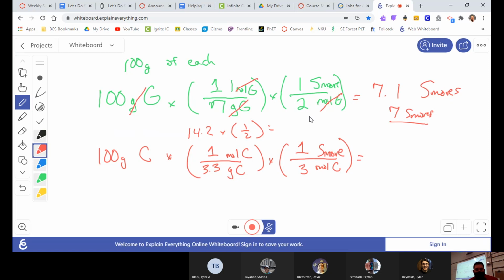And then that divided by 3, 10.1 s'mores, or again, 10 s'mores. So again, 100 divided by 3.3, that's 30.3 times 1 over 3.